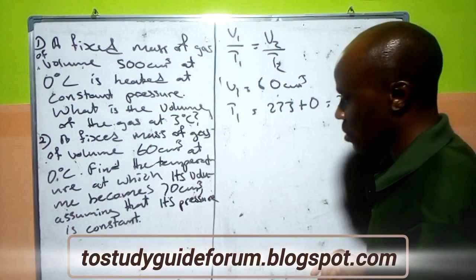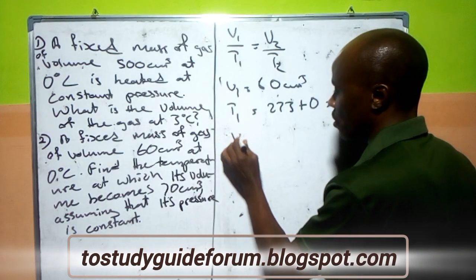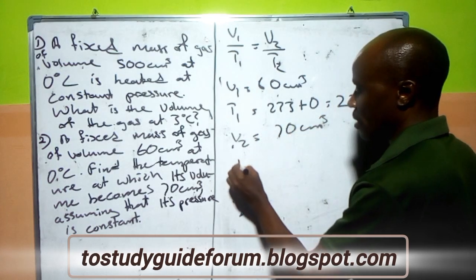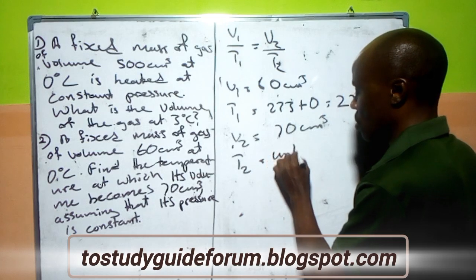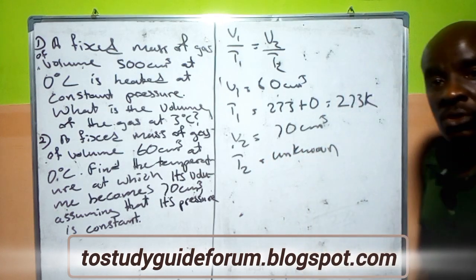The next volume V2 is 70 cm³, and the temperature T2 is unknown.